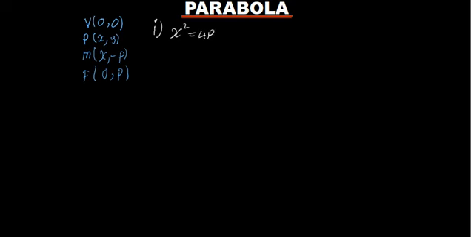Okay, so maybe before I even go to the other equation, when we are talking about symmetry, we're able to understand that in this equation, when we replace x with minus x, the equation is going to remain unchanged, because what you're going to have is (minus x) squared equals 4py, meaning the equation will remain unchanged.